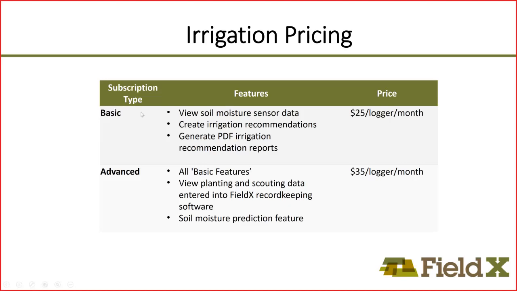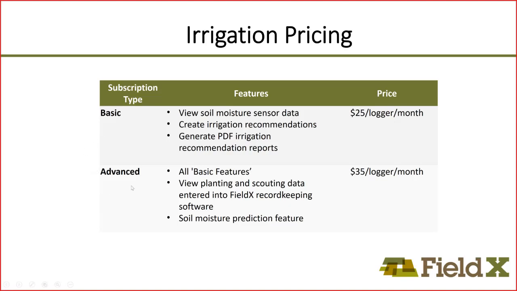First is the basic tier. That gets you the ability to use the application, view soil moisture sensor data, create your irrigation recommendations, and generate PDF irrigation rec reports. The price for that is $25 per logger per month, and you're only paying for the months that it's installed, of course.